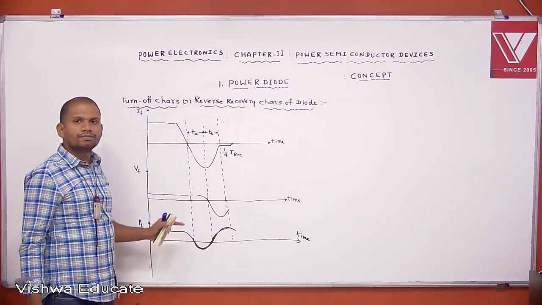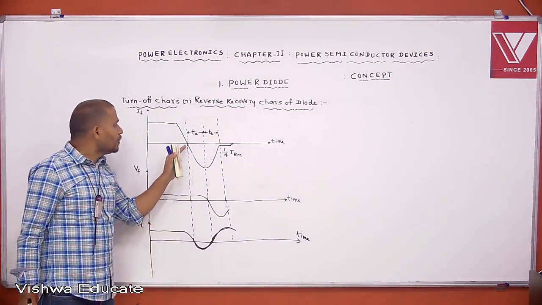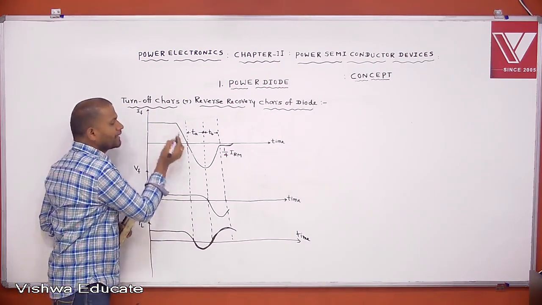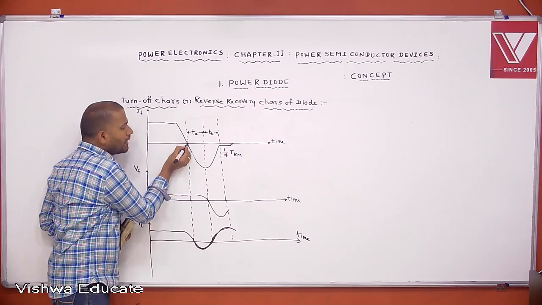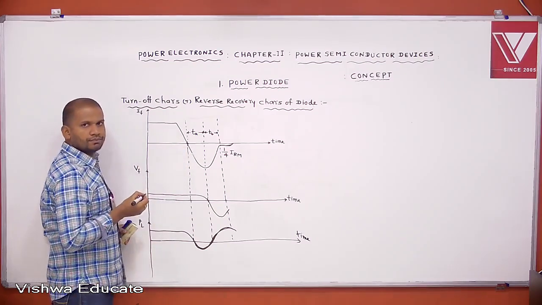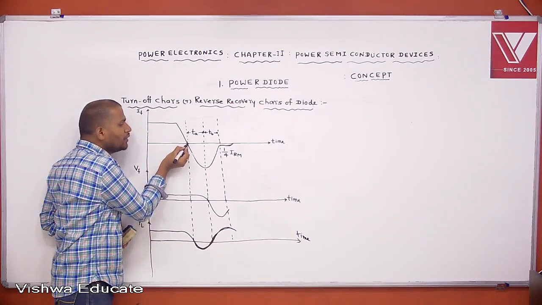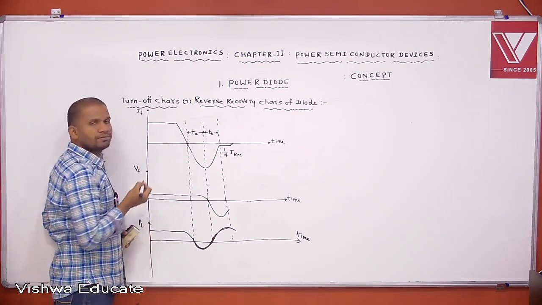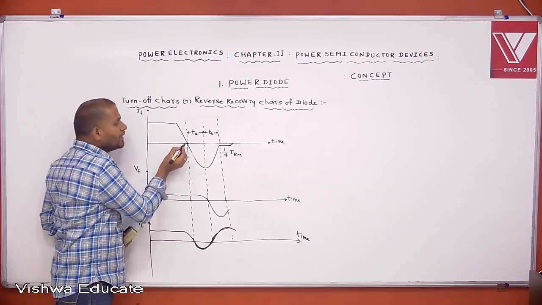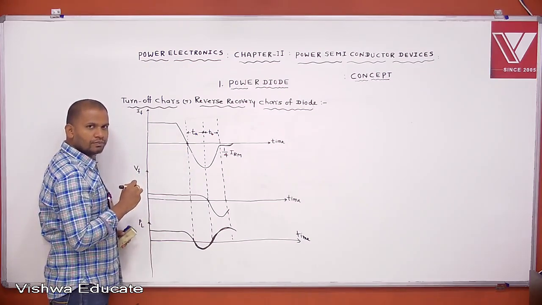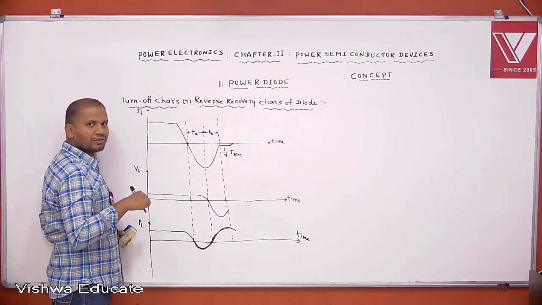That means even though the forward current is 0, the diode is still conducting. At this point the forward current is 0. Let a reverse voltage be applied across the diode; then the forward current is 0. But even so, the diode does not stop conduction.